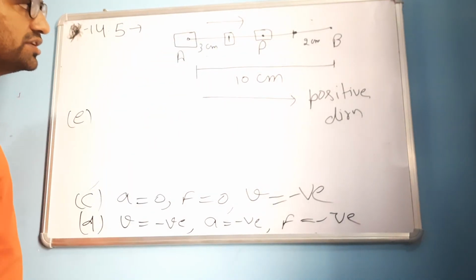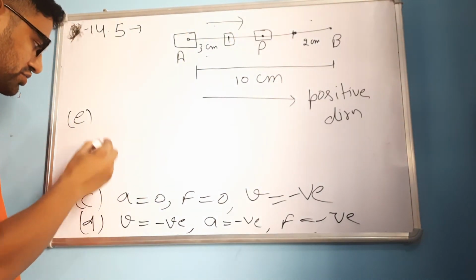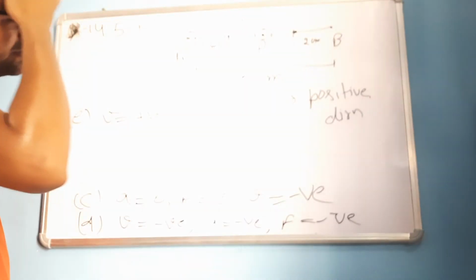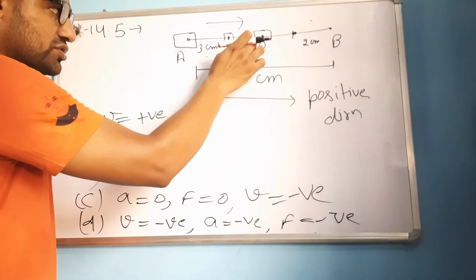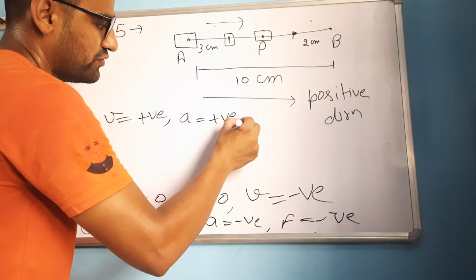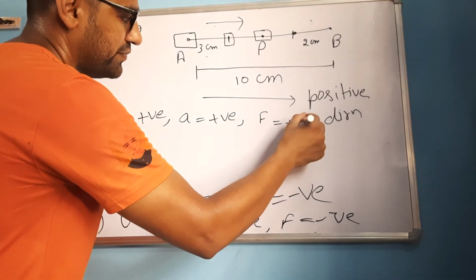This is the positive direction, so the velocity sign will be positive. Acceleration is also towards the mean position, so acceleration will also be positive, and our force will also be positive.